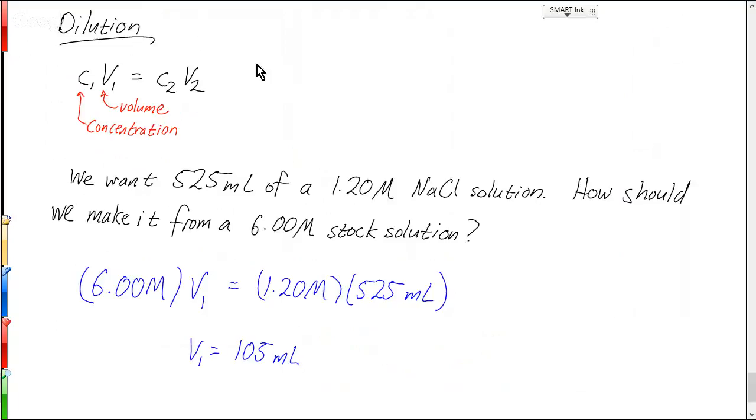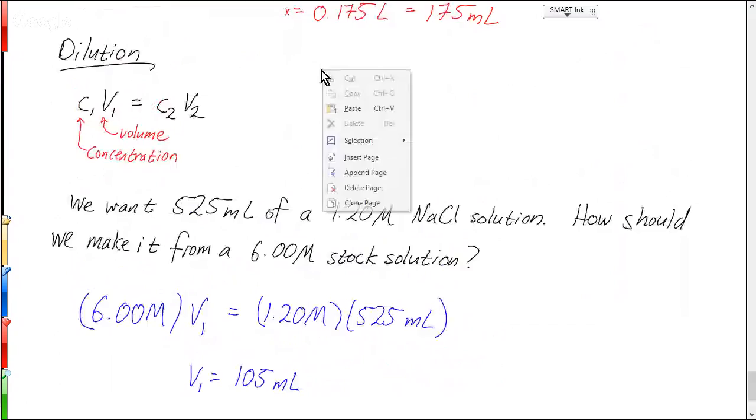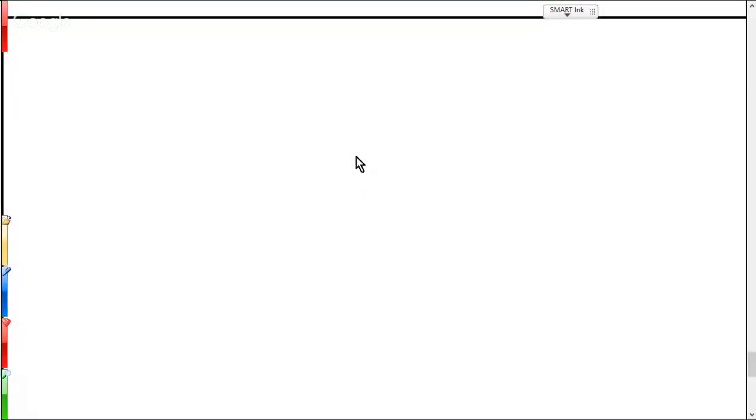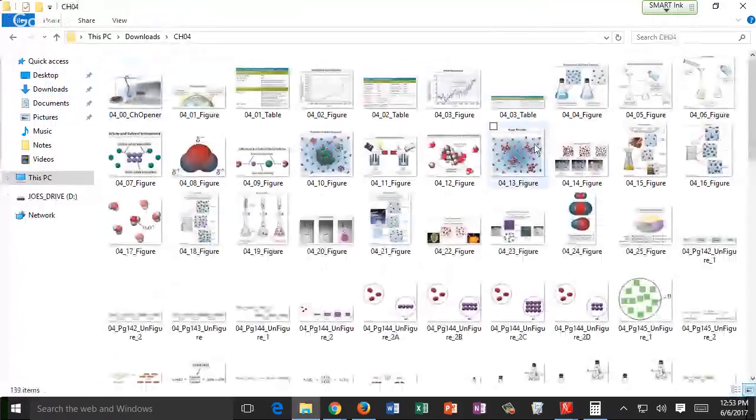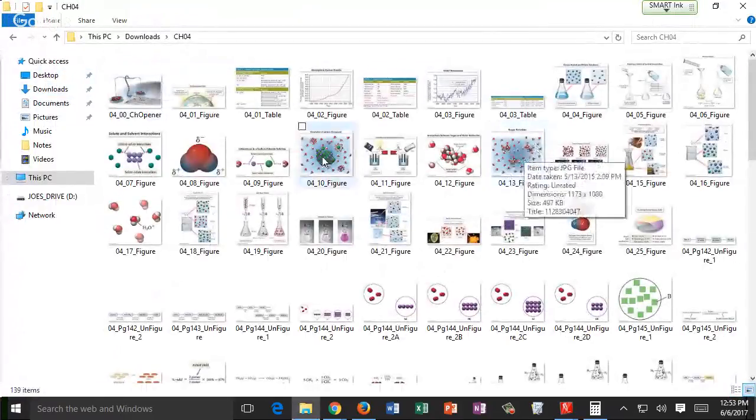Let's talk about aqueous reactions. So I'm going to put up a picture here. If I can find it. Yep, this one.